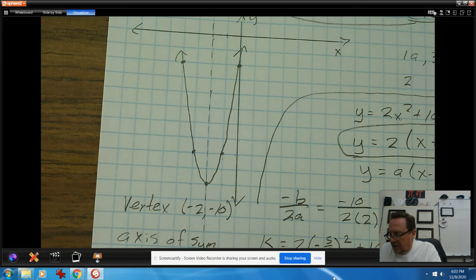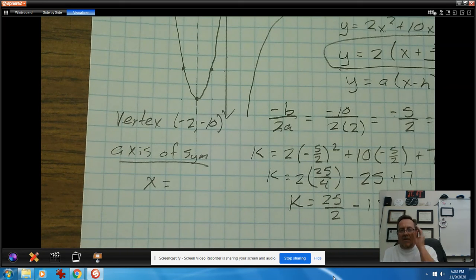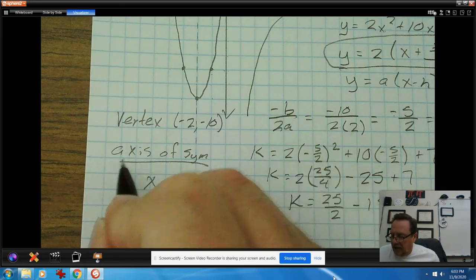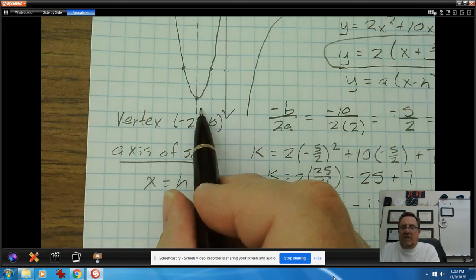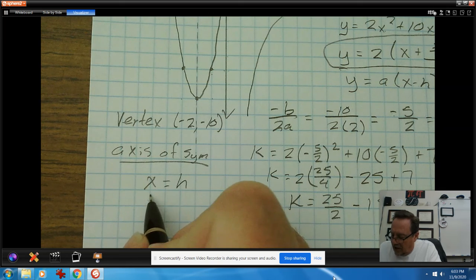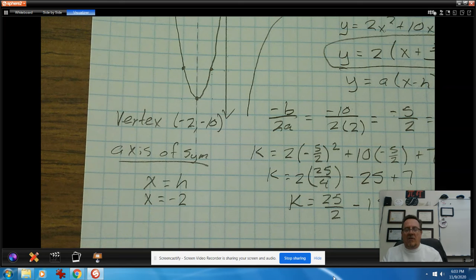For the axis of symmetry, it's always going to be an equation x equals some value, and that value is always going to be h. So for this particular problem, h was -2, so the line x equals -2 is my axis of symmetry. It's just that simple. x is going to be equal to your h value.